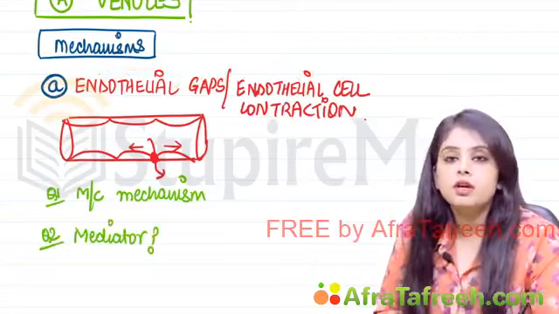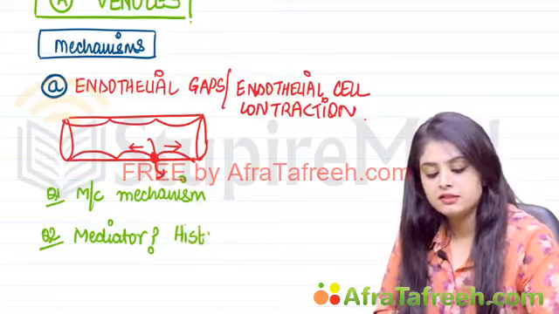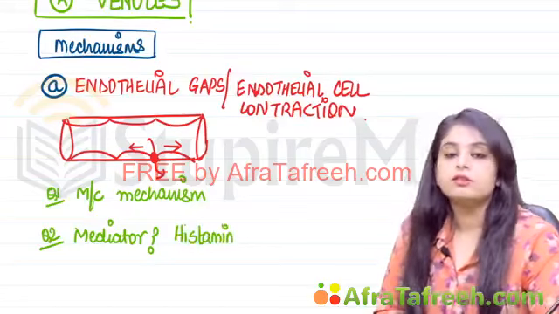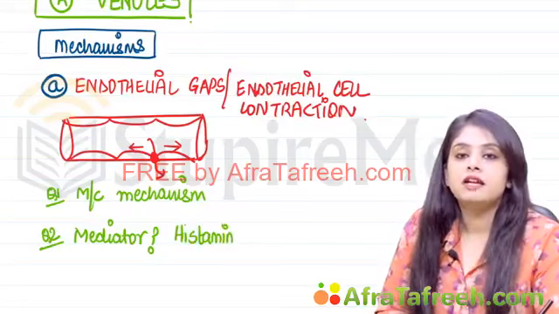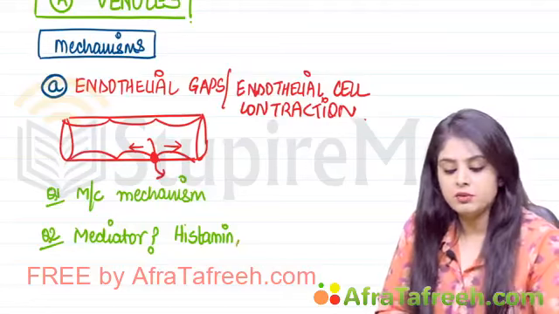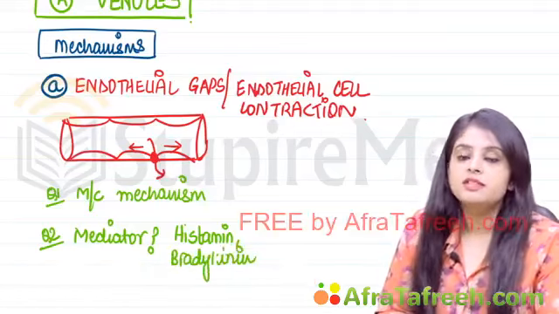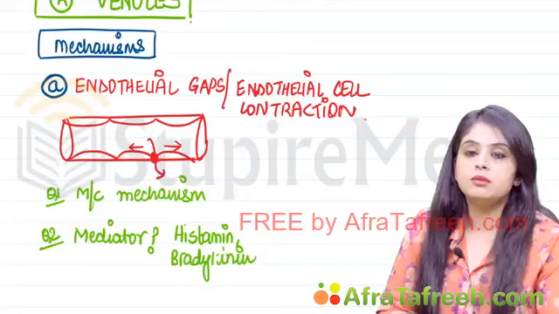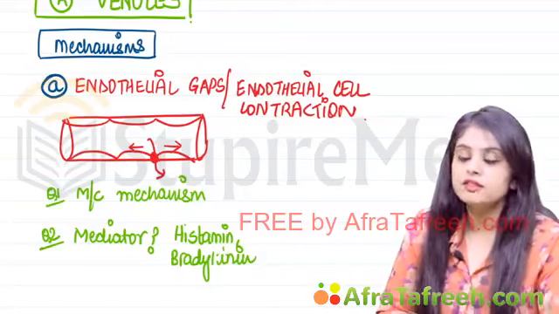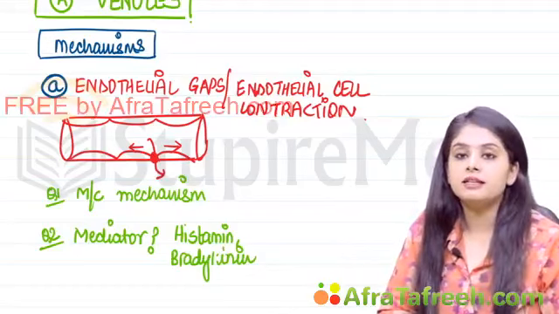Under the influence of what will the endothelial cells contract? So our favorite mediator is histamine. So this is primarily under the effect of histamine. Very important. Also can be attributed to bradykinin. So these are mediators which we will be discussing in inflammation in great detail because these are extremely important mediators. But for the timing, you need to know that this is because of histamine and bradykinin.